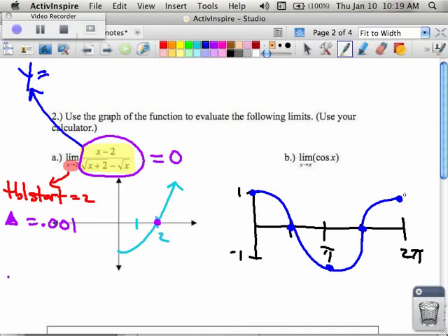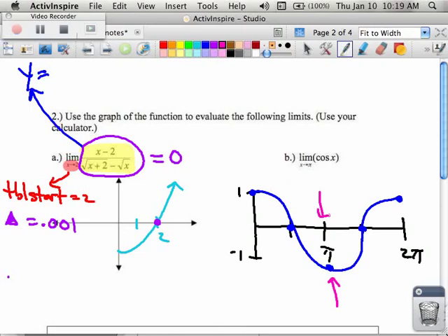And so as you look at that, the place that you're looking is at pi. So I'm looking right here. And as I look coming in from the left-hand side, if you put your pencils down, it's usually easier to understand. As I come in from the left, and I follow this graph around, my y values are getting closer and closer to -1.